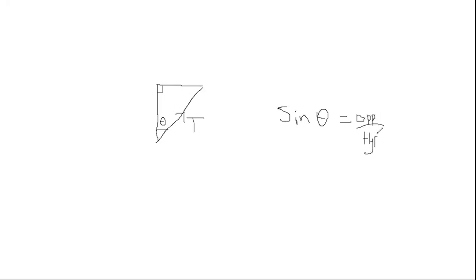Now, what this means is that if I have to make this opposite the subject of the formula, you will notice that this hypotenuse is actually represented by this T. In other words, we already have our T here. So making opposite the subject of the formula, the opposite will be equal to T sine theta.